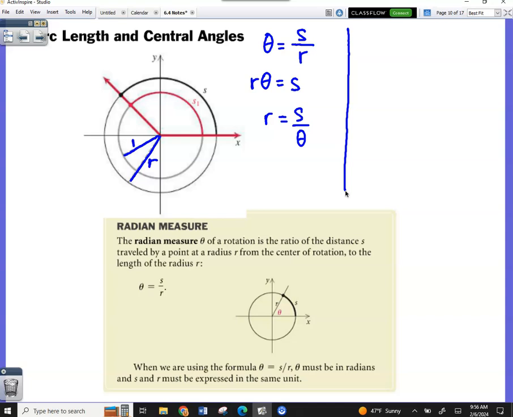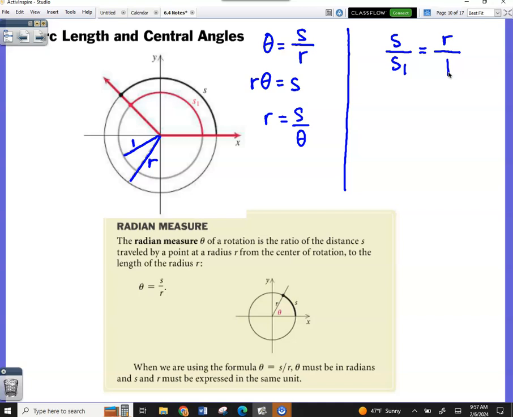So then you have the radius 1 that creates S sub 1. Then you have radius R that creates S. So here we go. S compares to S sub 1 as which radius made arc S? R. Which radius made S sub 1? 1. So what I've done is I've just set up a proportion, right?